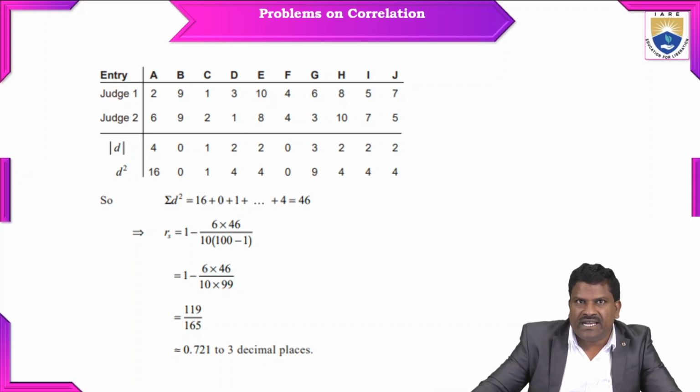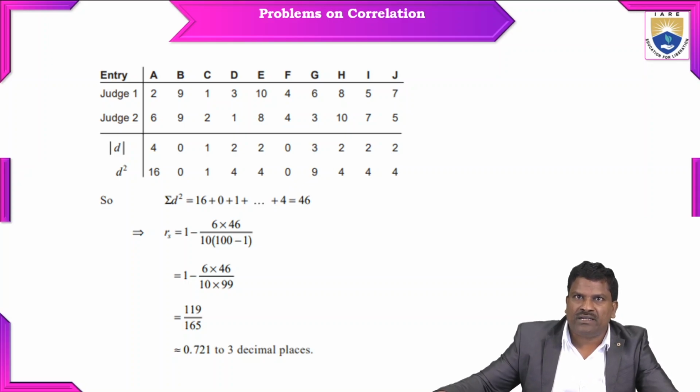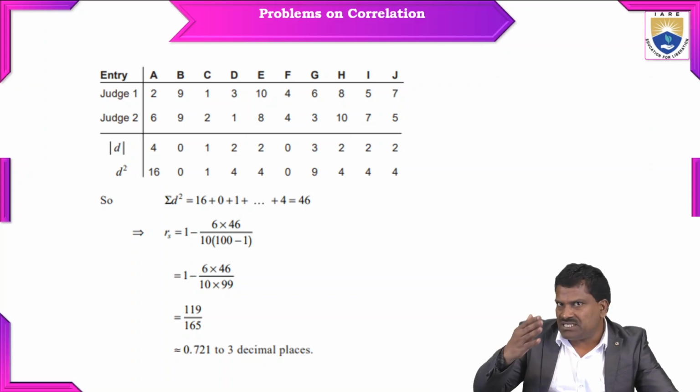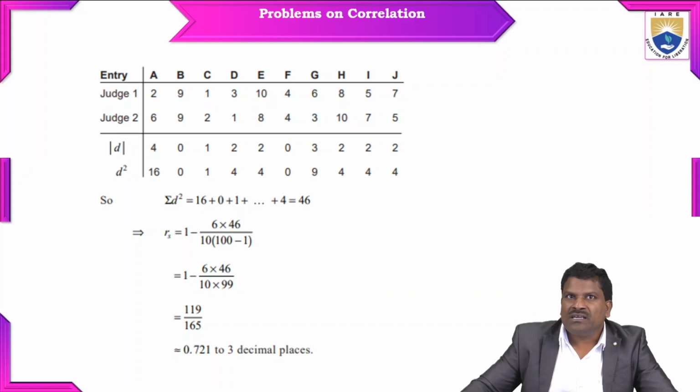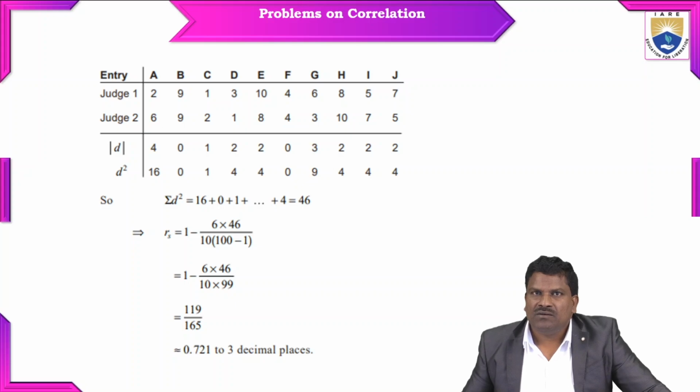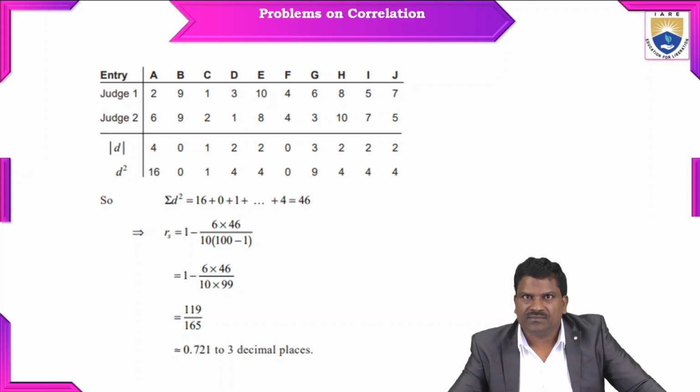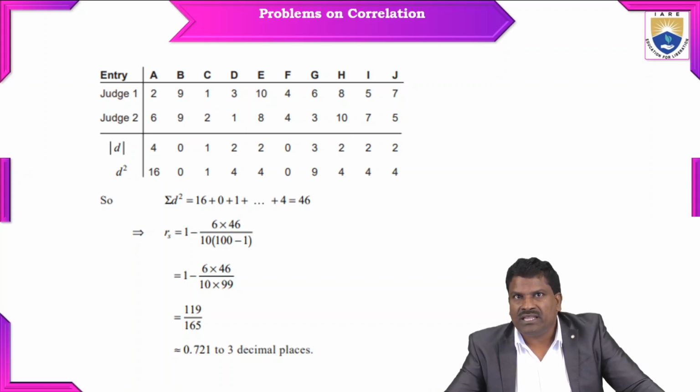For the same incident, Judge 2 is giving scores like this: 6, 9, 2, 1, 8, 4, 3, 10, 7, 5. There is much variation between the scores given by Judge 1 and Judge 2. Now, let us take the difference of their scores. 6 minus 2 is 4. 9 minus 9 is 0.